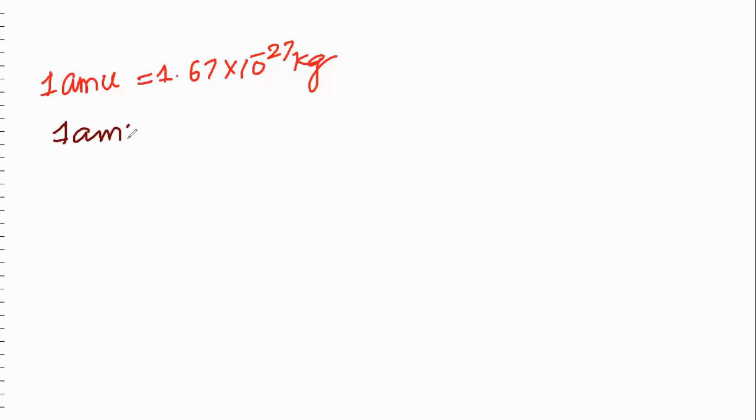Whenever we take that, one unit to measure the mass is the AMU, atomic mass unit. One atomic mass unit is equal to 1.67 into 10 power minus 27 kg. Or one atomic mass unit is equal to 931.5 MeV, million electron volts.